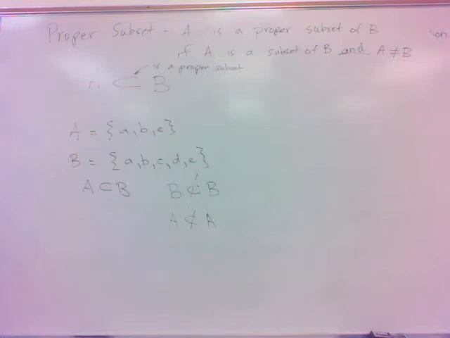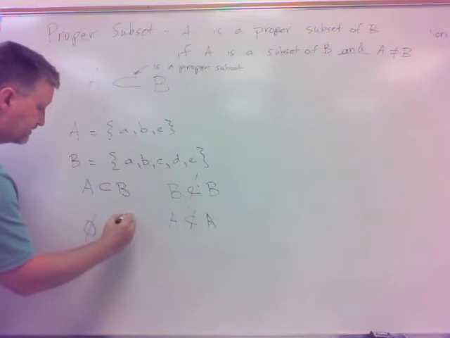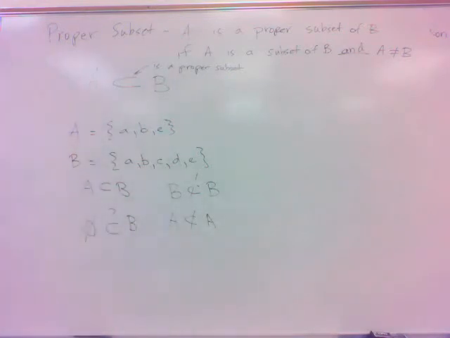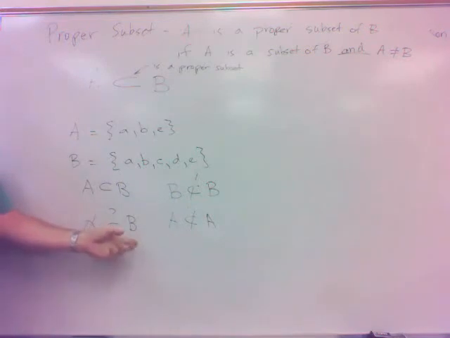So what about the old empty set? The empty set is a proper subset of B. True? Well, like we said, to be a proper subset, it has to be a subset, which we know it is, and it has to be smaller. Is this smaller than B? Yep. So the empty set is a proper subset of B.